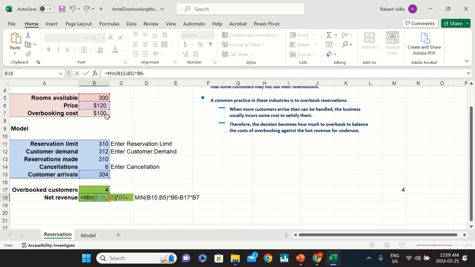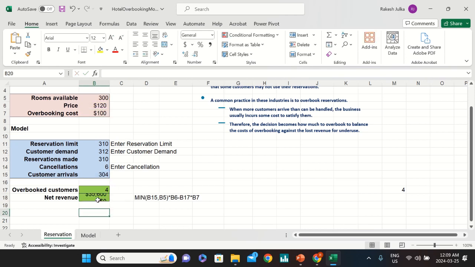What is B6 here? B6 here is the 120, which is multiplied, and we will subtract from this revenue. So B17 into B7. What is that? B17 here is how many we have overbooked. For the clients who were overbooked, the cost will be $100. This is the overbooking cost.